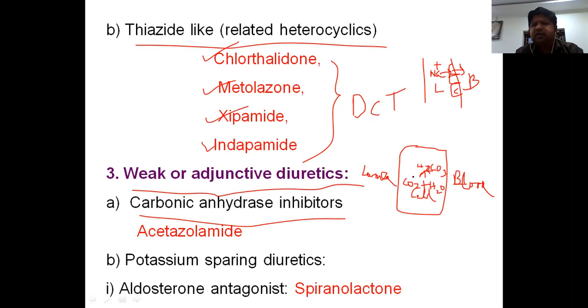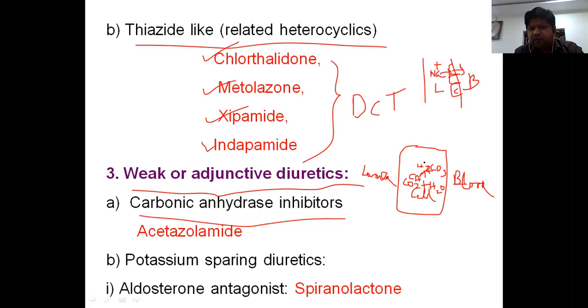This reaction, carbon dioxide and water combining and forming carbonic acid, is catalyzed by an enzyme which we call CA. CA is nothing but carbonic anhydrase. I will show this picture very clearly.